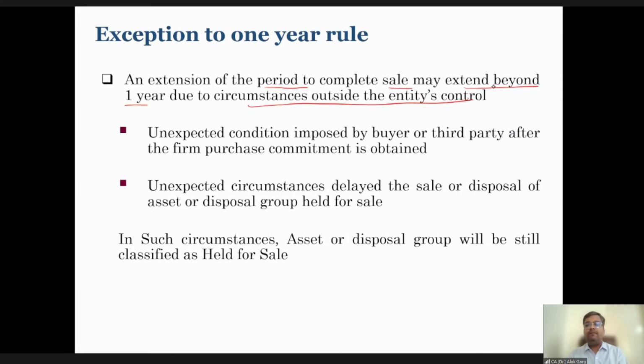Second example. 3 years back, I purchased a flat in Faridabad. Okay. So I had already given a token money. I paid 50% advance. I then paid another 50% money, right?